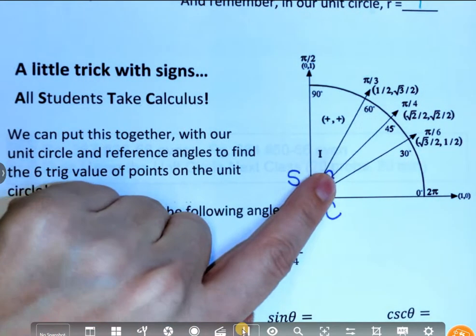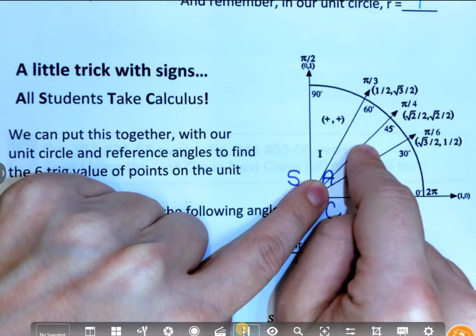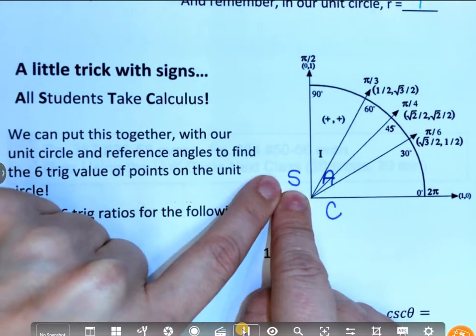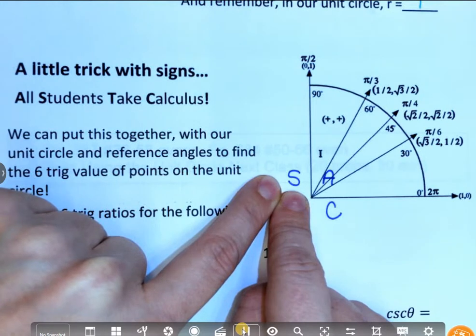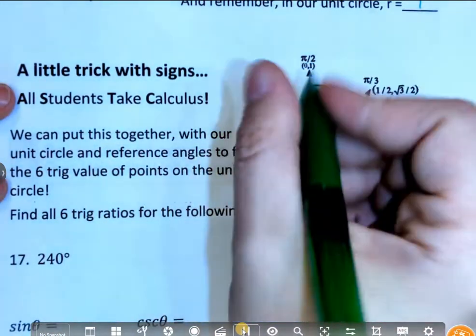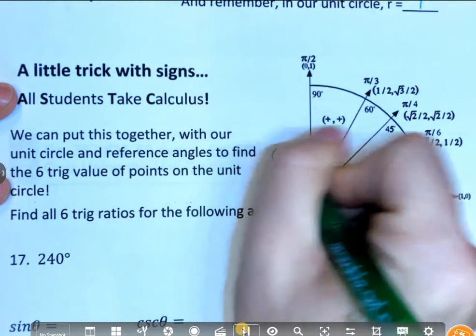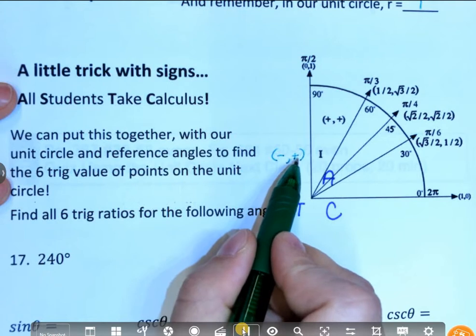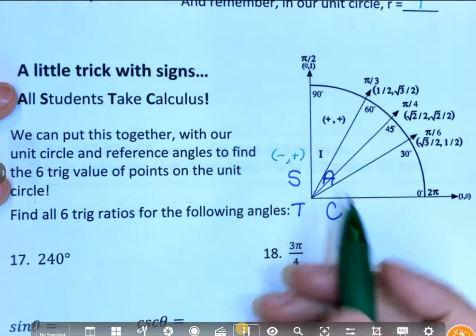A stands for all of your signs are positive in the first quadrant. S stands for only the sine is going to be positive, because in the second quadrant, what are your signs for every point? Negative, positive. So only the sine, which is my y, is going to be positive. My cosine and my tangent are both going to be negative.